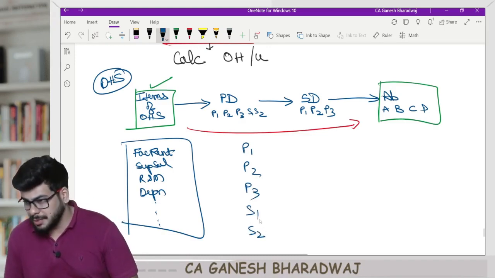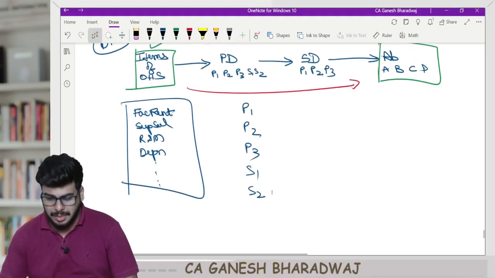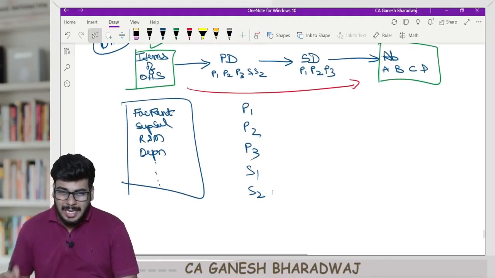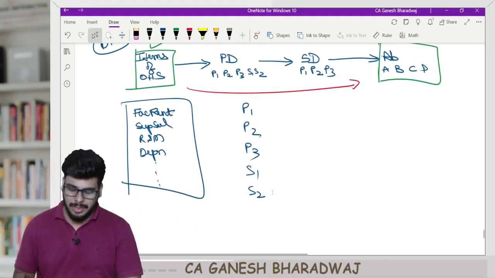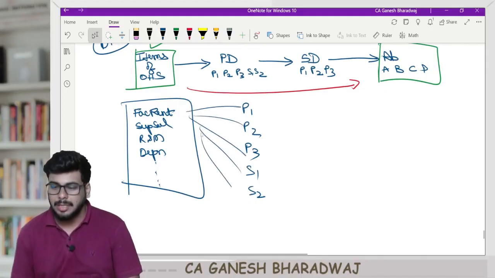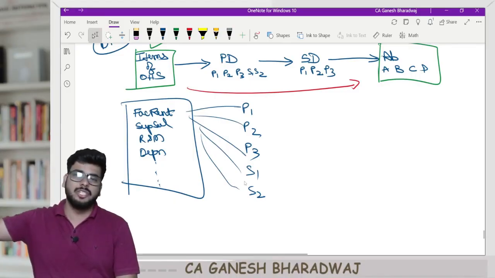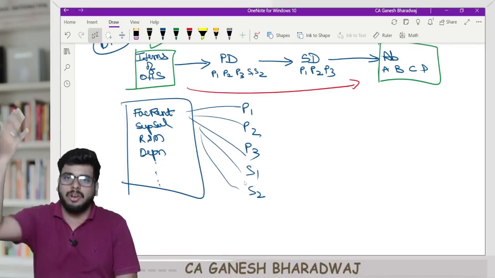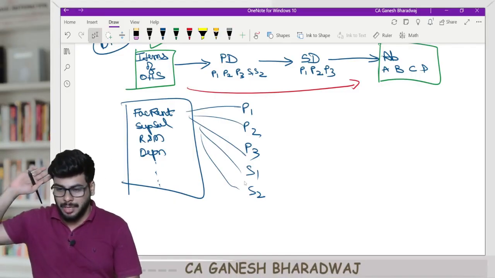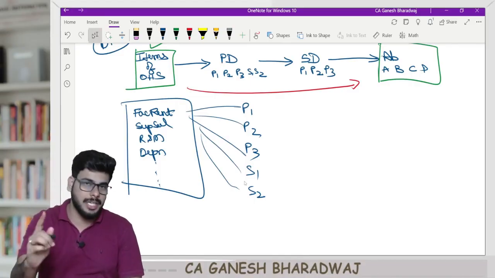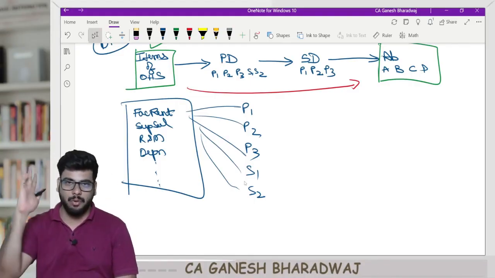Because overheads was telling us that the reason you are incurring the cost is because you have these departments, so apportion all your costs to each of these departments. Are you clear with this? This was the logic given by overheads.